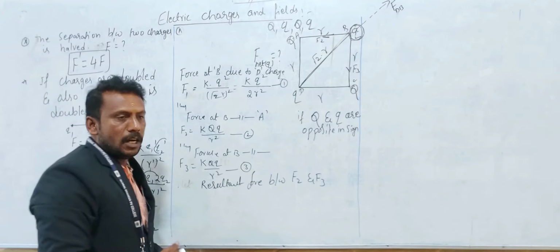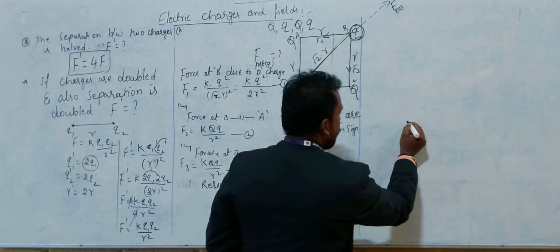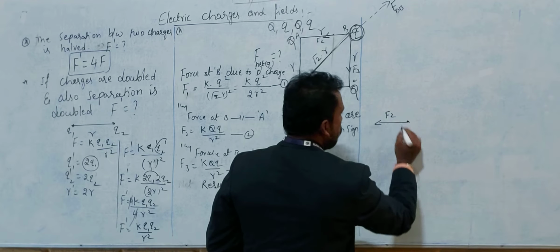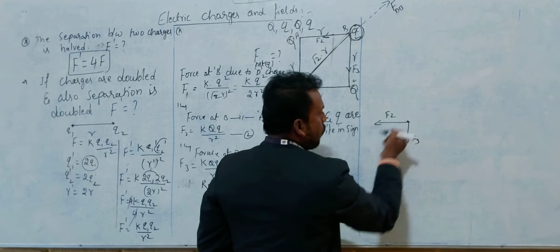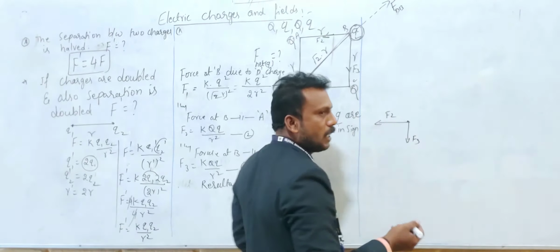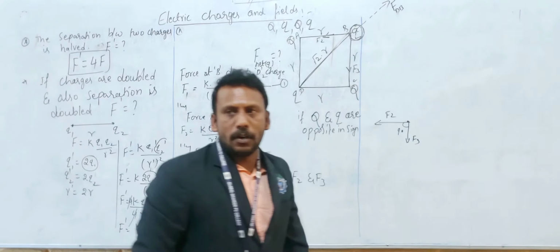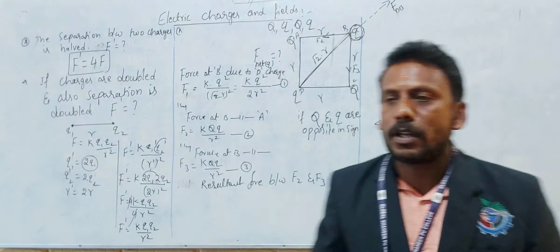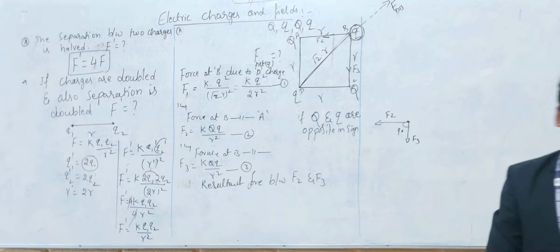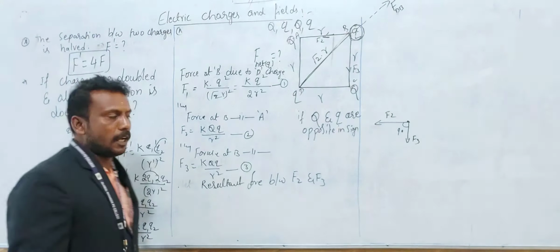F2 and F3, two forces. What is the magnitude of the resultant force? The angle is 90 degree. We know the equation: F net is equal to square root of F1 square plus F2 square plus 2 F1 F2 cos theta. Apply that equation, we will get the answer.